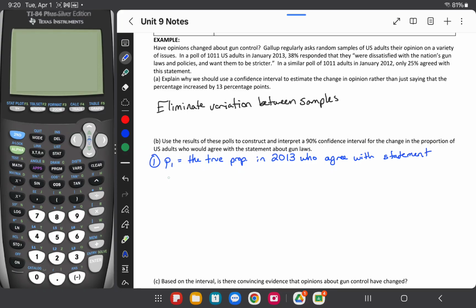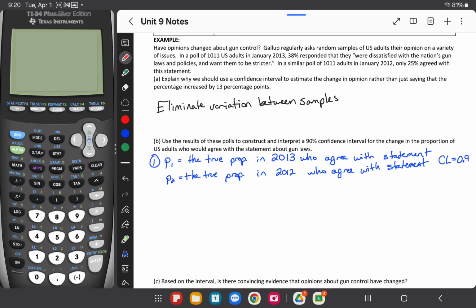And then we'll let p2 be the true proportion in 2012 who would agree with the statement. And even though it tells us in the problem what level to use, we'll still go ahead and mention over here that our confidence level we plan to use is going to be that 90%. So there's going to be our statement.